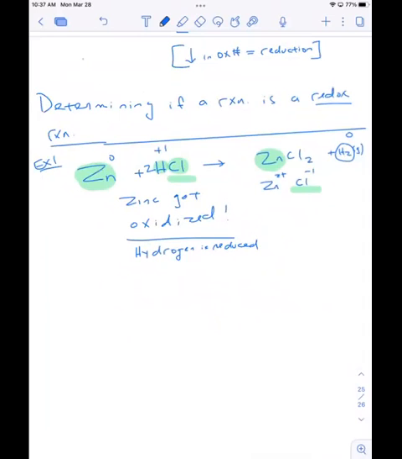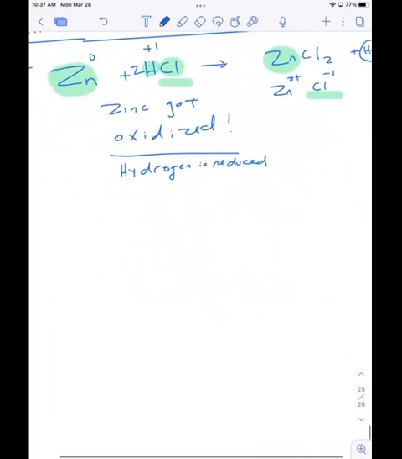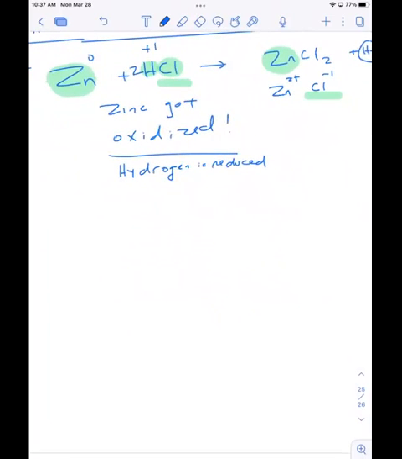All right. So let's look at one more example like this. Here, I'm just showing you what's happening on either side of the arrow. But in the other examples that we do, we're going to check the oxidation numbers to see what got oxidized and what got reduced. So let's look at one more example.